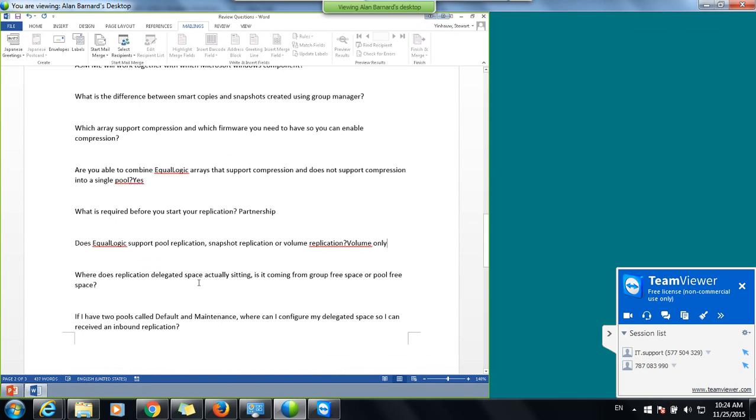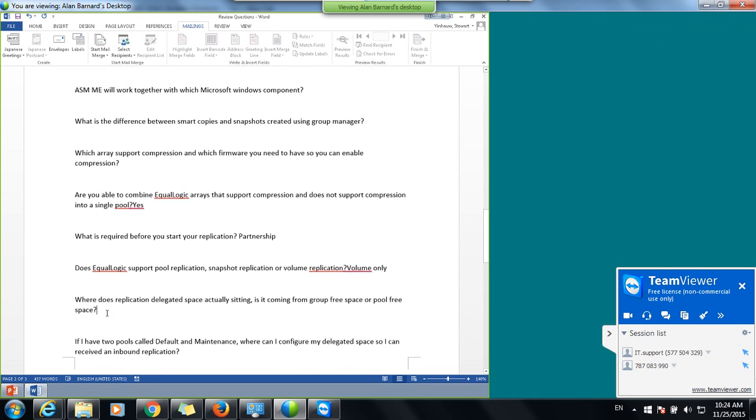When it comes to setup, where is the replication delegated space actually sitting? Is it coming from group free space or pool free space? Delegated space. Space is allocated so you can replicate. So where is it delegated from?